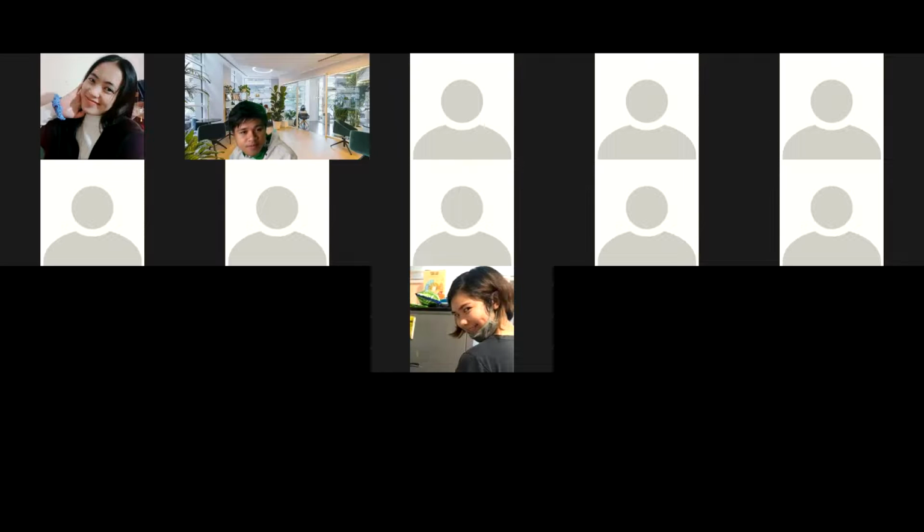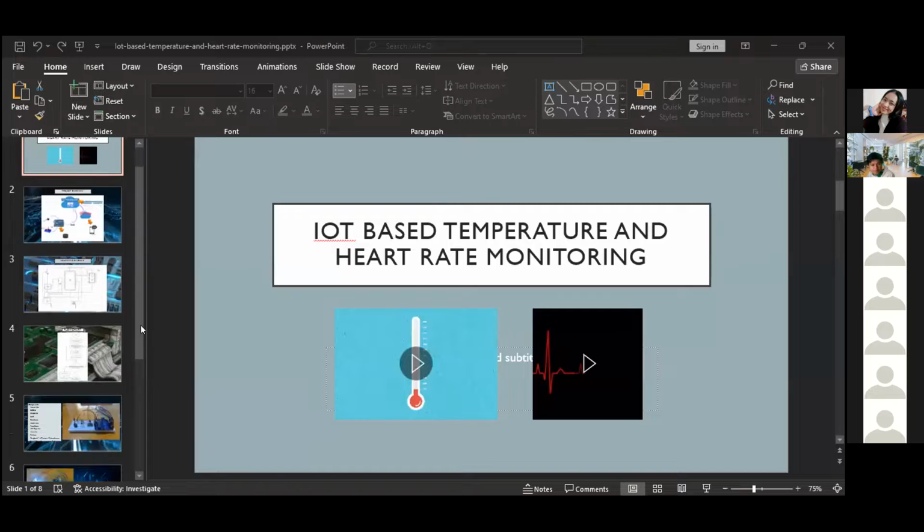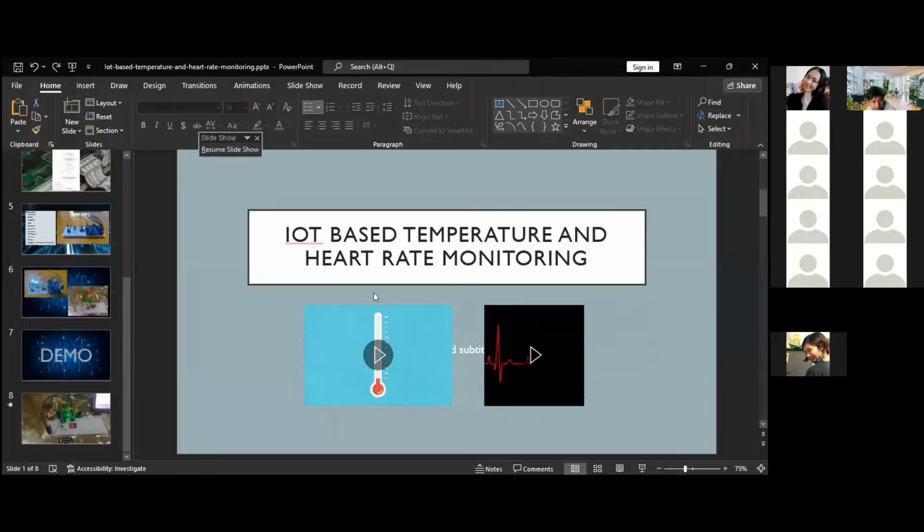I think sir yung daliri para dun sa pulse rate. Can you show it again? Because that is the most important part. Hindi ko inaabangan yung ilalagay yung kamay pero puro display na kasi sa demo part.